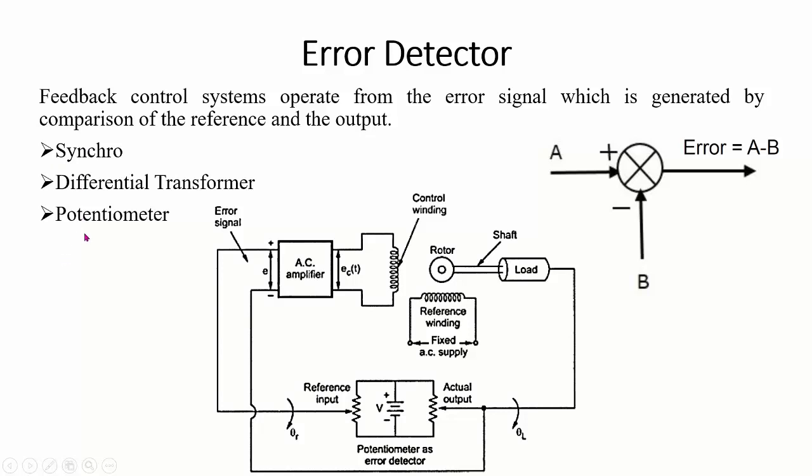The potentiometer is one of the most famous and cheapest, and is widely used as an error detector. I will not be discussing much about the potentiometer, but I have given an example just to explain how error is used in order to operate the system.